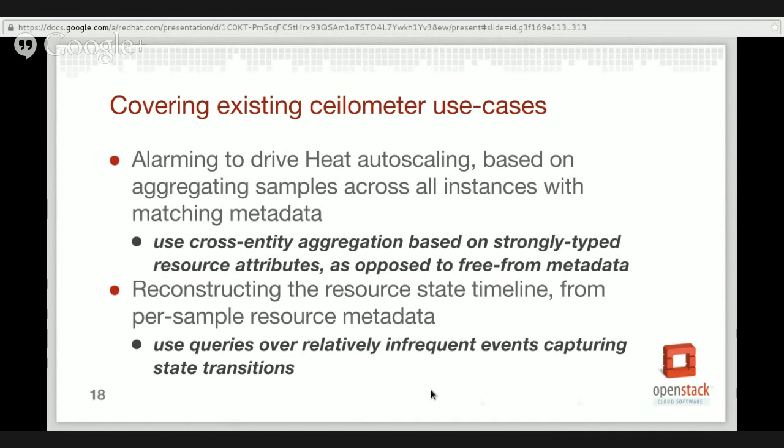Basically, instead what we will do is we will issue queries over these relatively infrequent events to capture the state transitions.